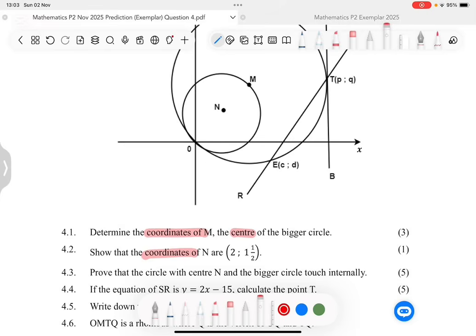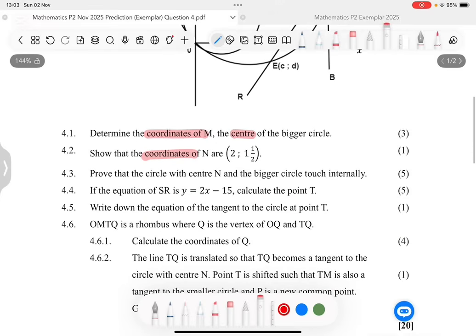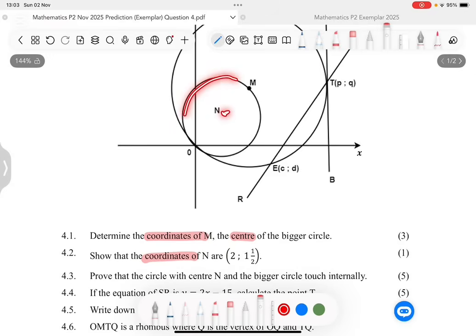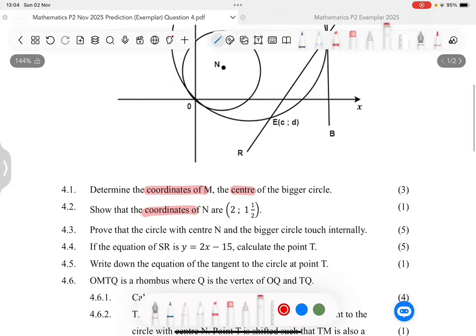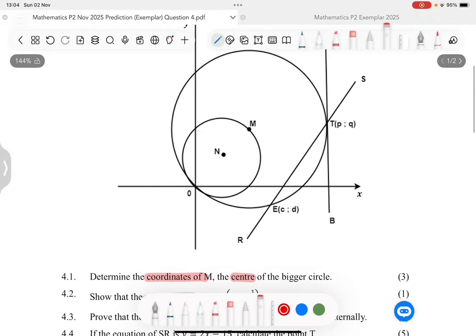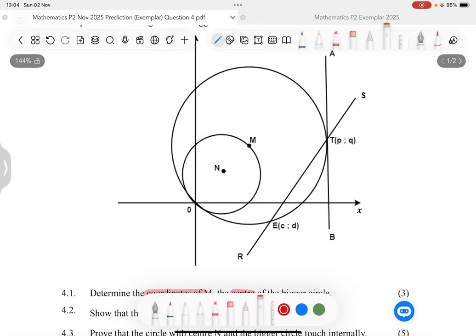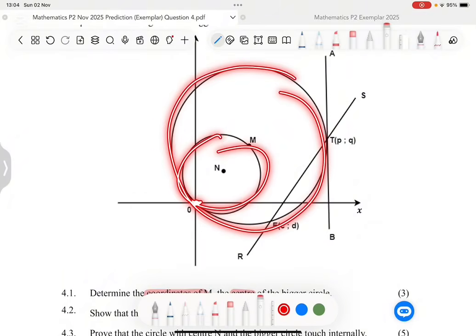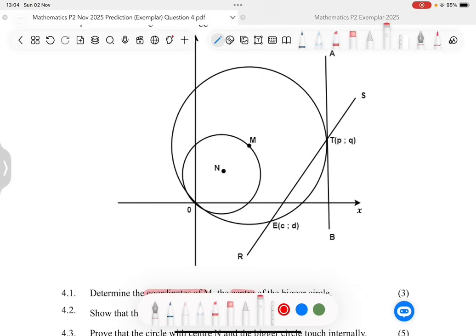Then we go to 4.3, which says to prove that the circle with center N, this circle here, and the bigger circle touch internally. So we are requested to prove that these two circles touch internally. In other words, they touch at this point there. Now, there are various ways of doing this.